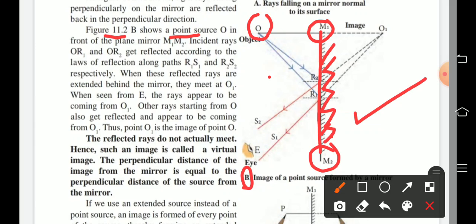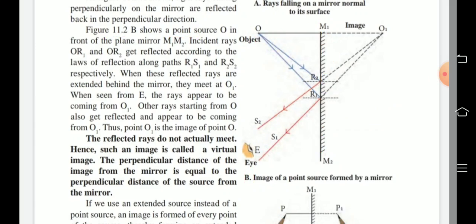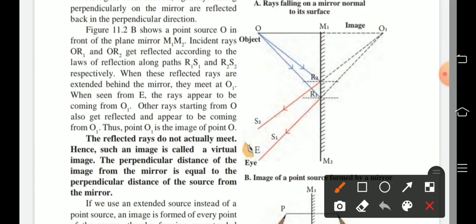Incident ray OR1, check that. I will show again. Here point R1 and second point is R2 here. R1 and R2. Point O is here. So OR1 and OR2 get reflected according to the laws of reflection along the path R1S1.